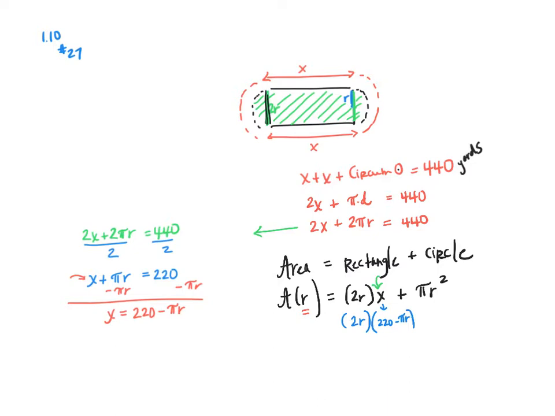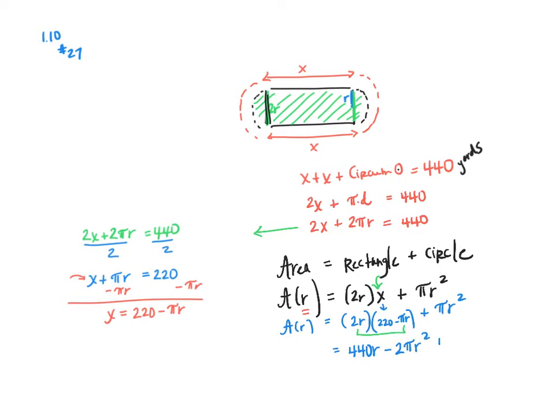And then I'm not going to forget that I still have to add that circle to find the area. And I'm just going to keep going. So I'm going to go ahead and multiply 2r times my quantity 220 minus pi r. So that's going to give me what? 440r minus 2 pi r squared.